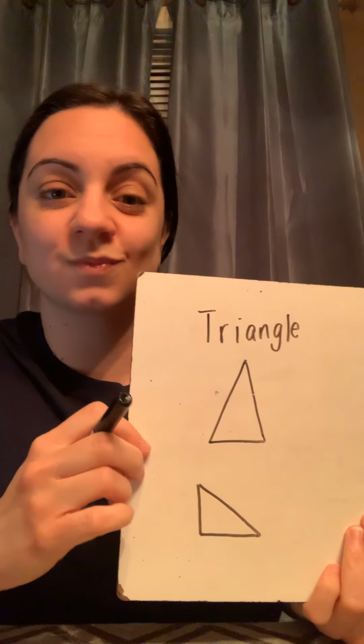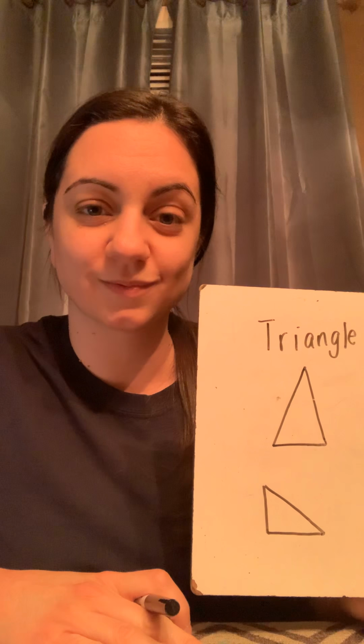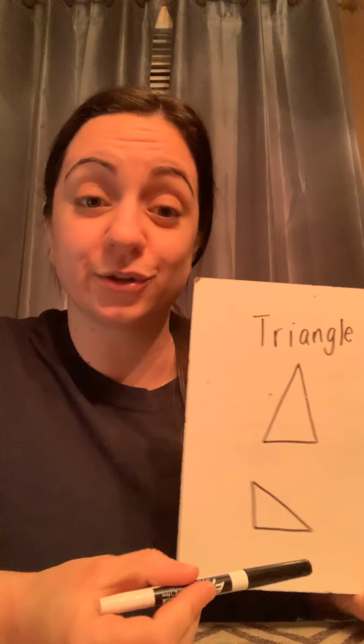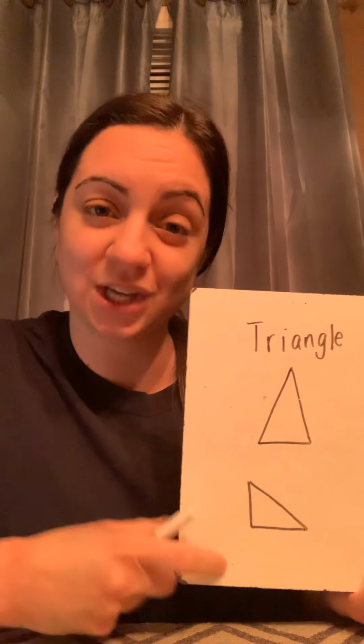I'm going to put another shape on the board here. Let's take a look at this shape. What can you tell me about that shape? This shape also has 3 sides. 1, 2, 3. What else? Tell me more about the shape. What do you notice?